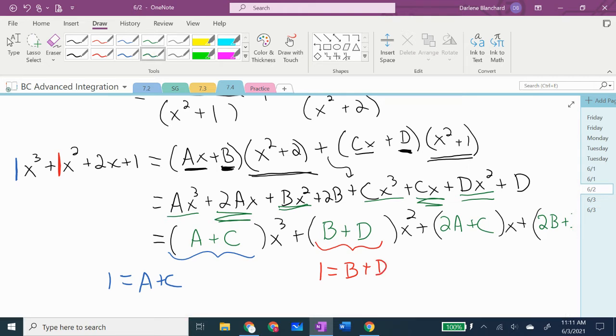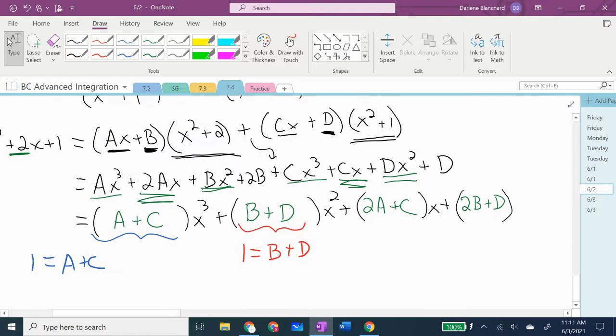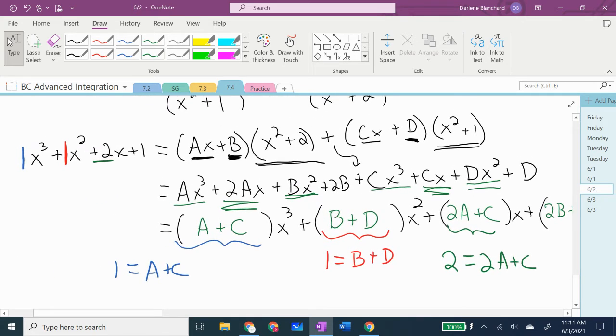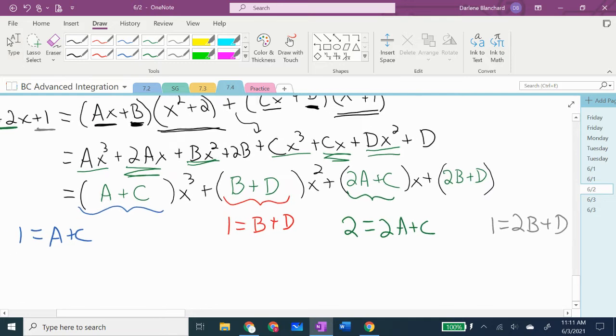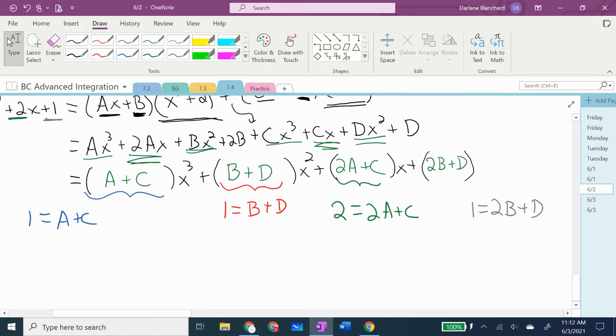Next, the coefficient of my x term is a positive 2 on the left side of the equation, and on the right side, it is 2a plus c. And finally, my constant on the left is 1, and it must equal the constant on the right, which is 2b plus d.